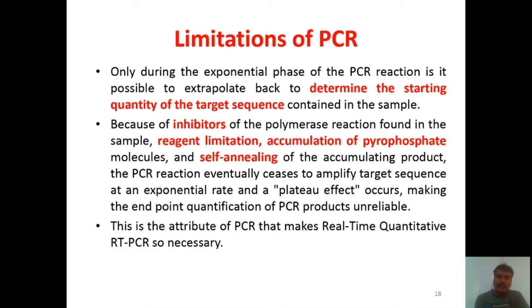Another limitation is inhibitors, reagent limitations and the accumulation of pyrophosphates. During nucleotide addition, PPi gets released, and a large amount of PPi will develop contamination and affect access of your polymerase enzyme to the template DNA. These are some of the limitations in using PCR.